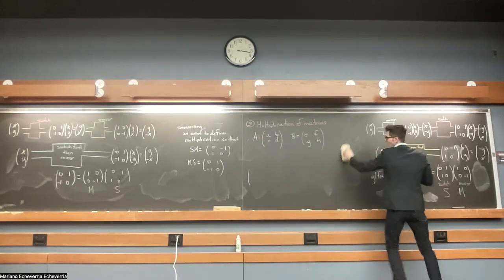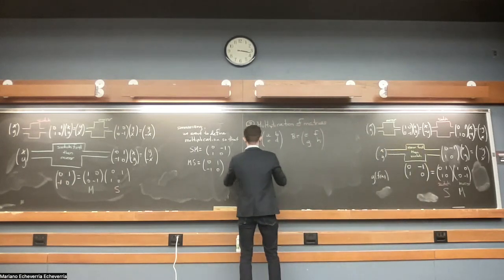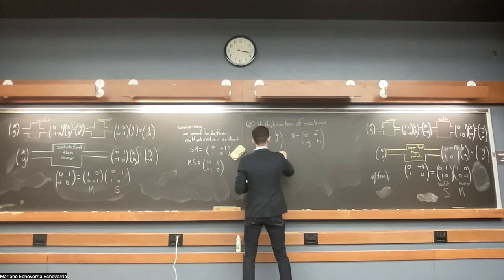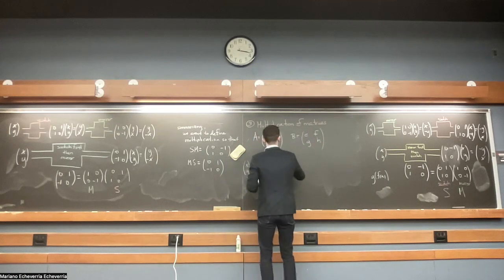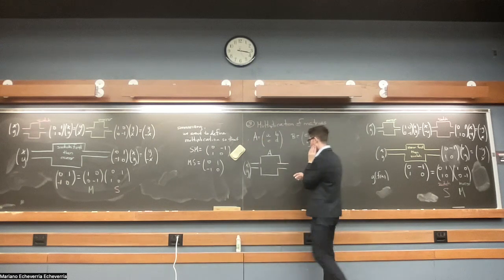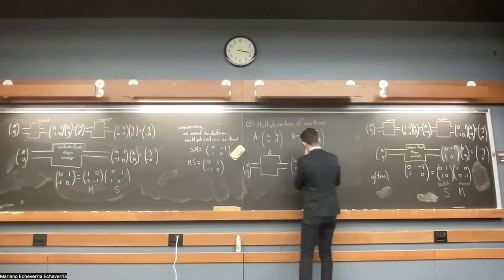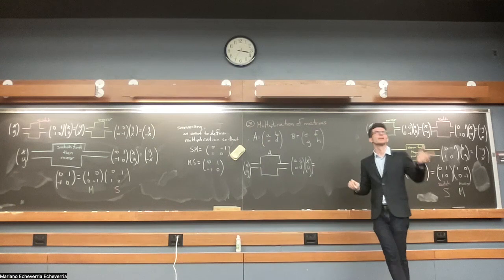So again, if you think of this as a process, you run it through the matrix A first, the machine A. When you run it through the matrix A, that means you're doing A, B, C, D times X, Y. I don't know if you remember the formula for this.